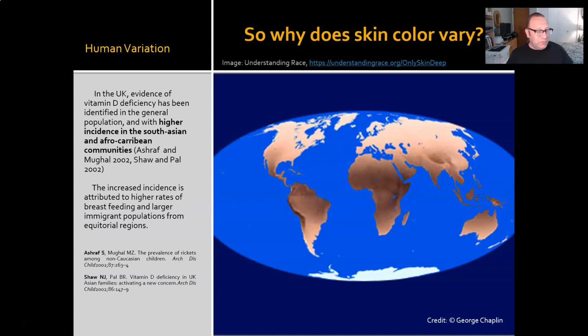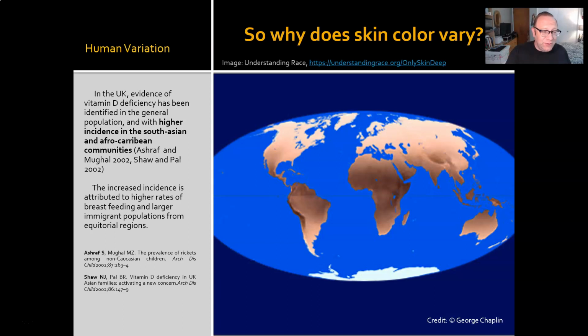So, some of the supporting evidence for this is something that happened in the 1990s in Great Britain. In the UK, in the 1990s, there was evidence of an epidemic of vitamin D deficiency, with its highest incidence in South Asian and Afro-Caribbean communities.